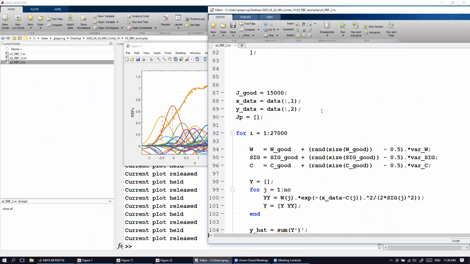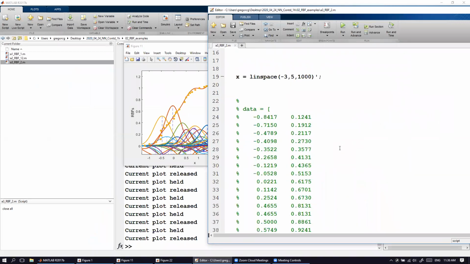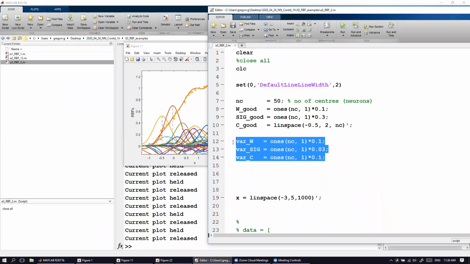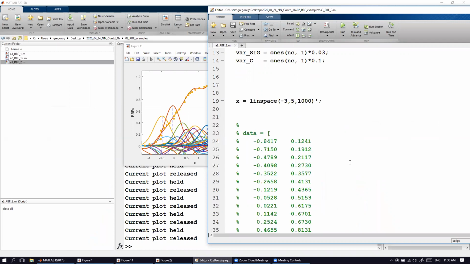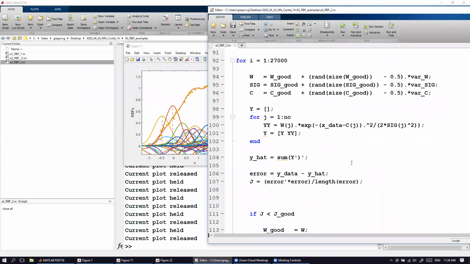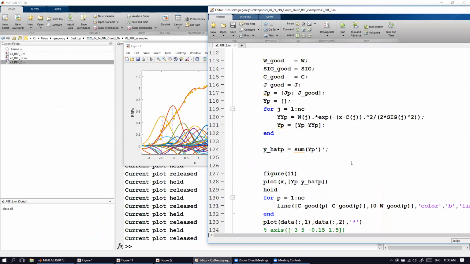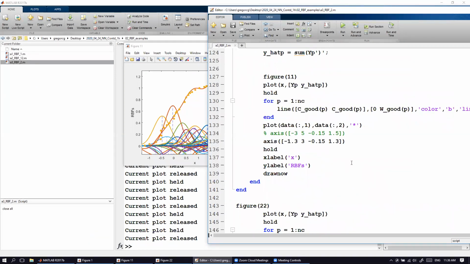So we get the initial values and sigmas, and the algorithm is exactly the same. It has no difference. It changes slowly, randomly, and so on.